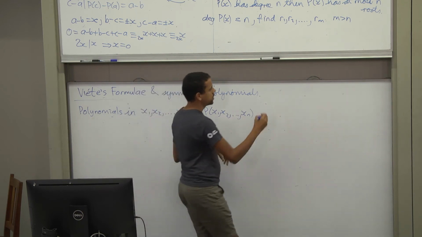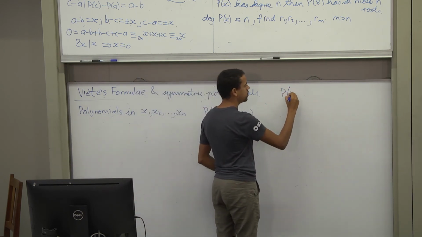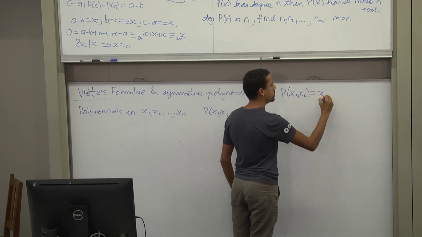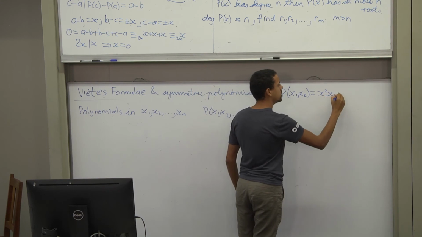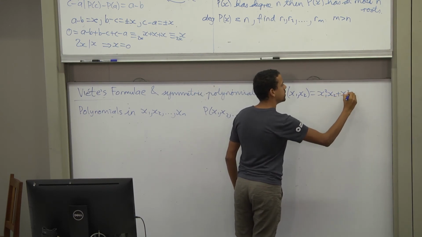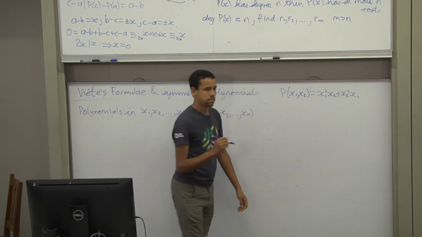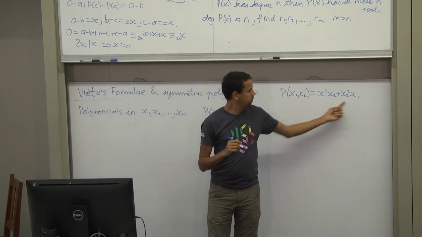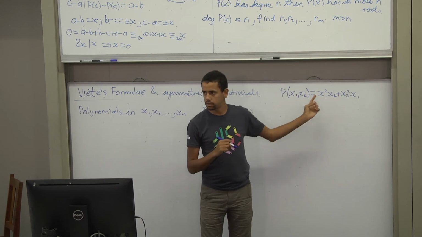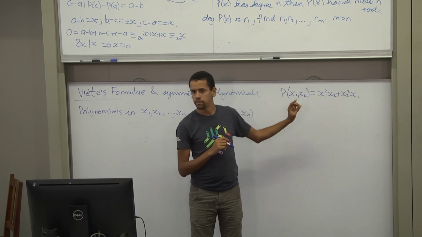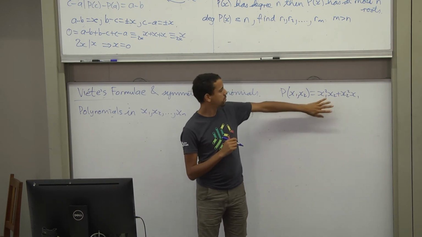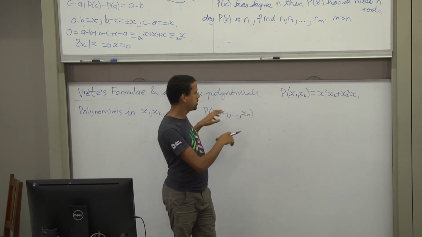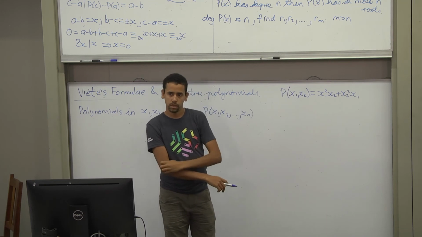For example, if I have the polynomial of two variables, x1 squared x2 plus x2 squared x1, if I swap x1 and x2, this expression still stays the same. And I want to sort of characterize all polynomials with n variables, not just two, that have that property.